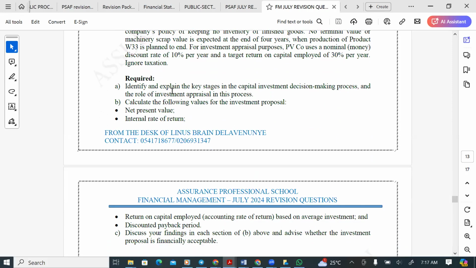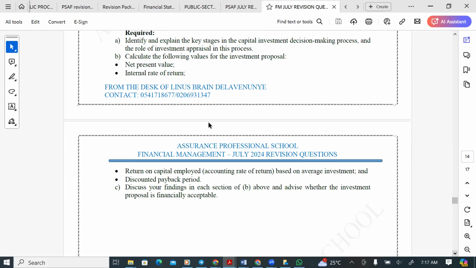Identify and explain the key stages in the capital investment decision-making process: identify the investment opportunities, screening of the idea, appraising, implementing, and monitoring. Those 5 you have to know. Then calculate the net present value, the internal rate of return, return on capital, and discounted payback period.